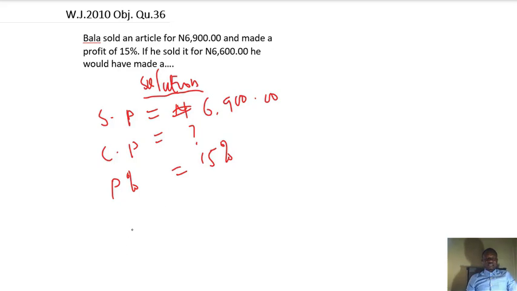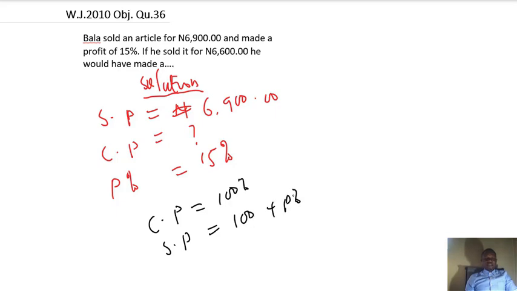Here under profit and loss, if we have the selling price and the profit percent, and we are looking for the cost price, then the simple formula we use is that cost price is always 100%, and then SP is always 100 plus the profit percent.